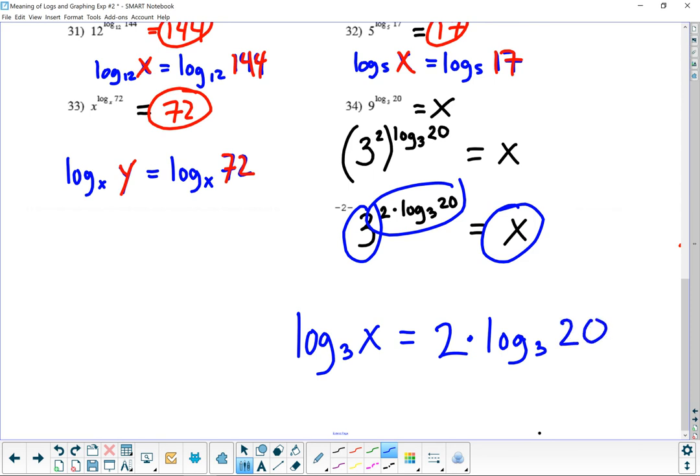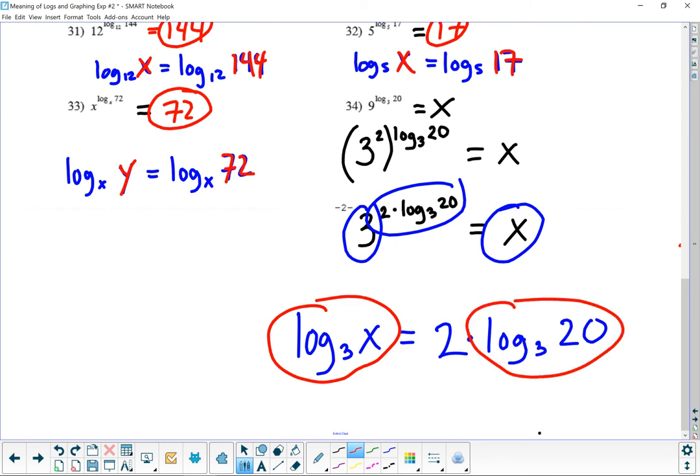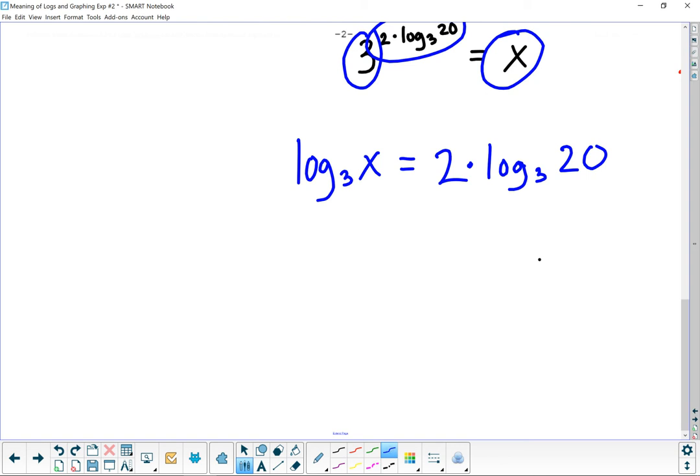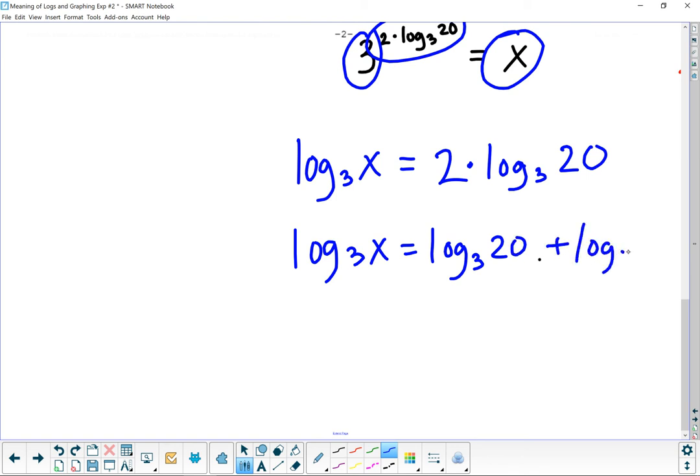Okay. And this is pretty close, right? We're getting close because we have log base 3 of something and log base 3 of 20. And this just means that there's two of them. So guess what? When you have two of them, we need to write it as two of them. So let's rewrite it like this. Log base 3 of x equals log base 3 of 20 plus log base 3 of 20.